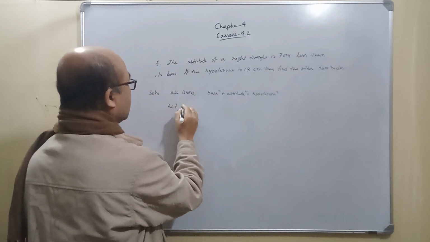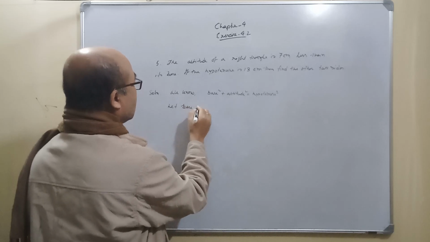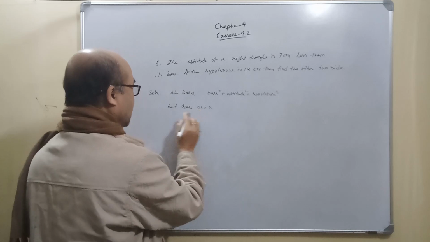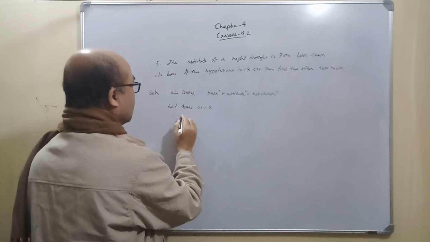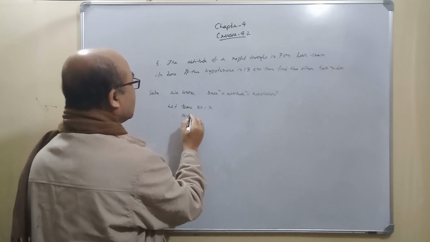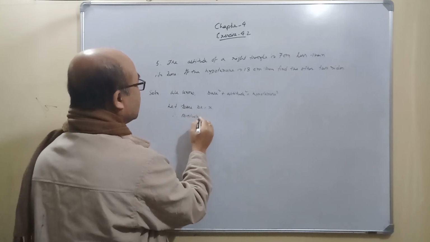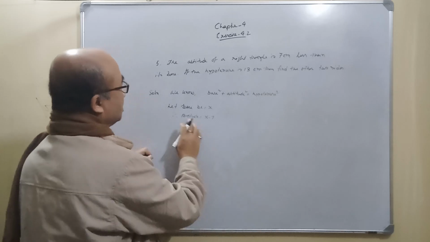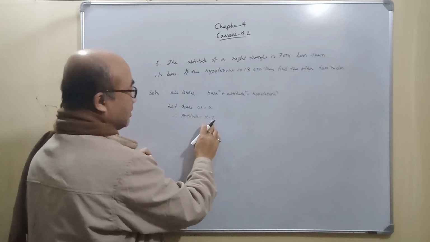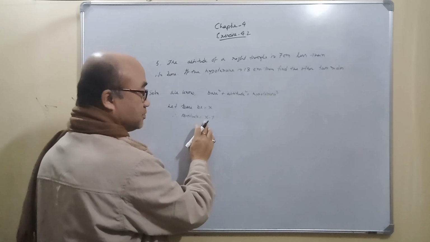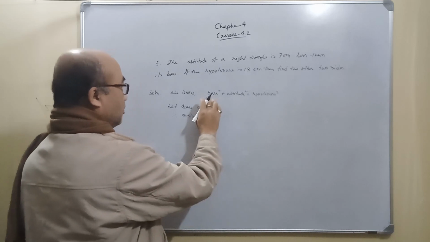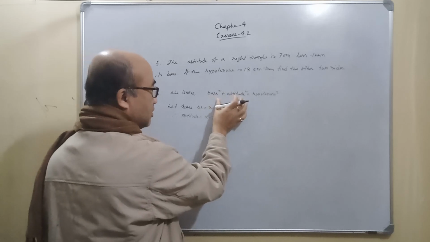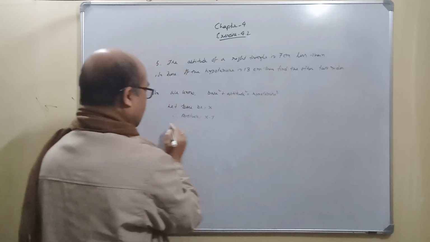Now let base be x. Suppose base is x, then altitude is x minus 7, because altitude is 7 cm less than the base. So base square and altitude square is equal to hypotenuse square.